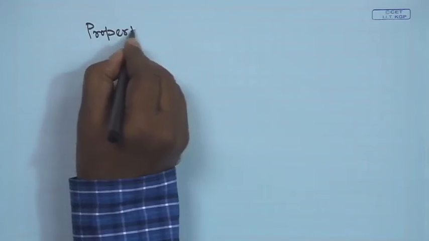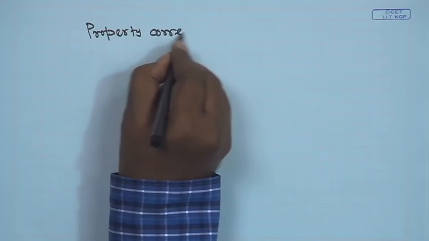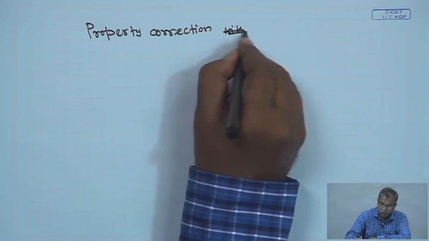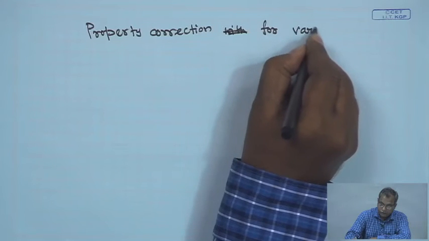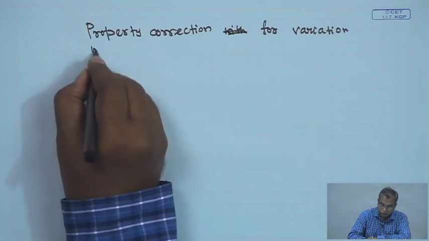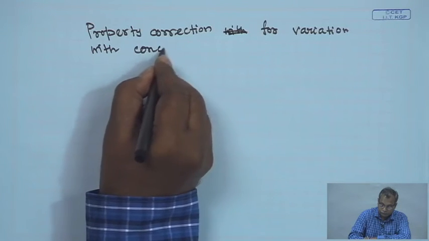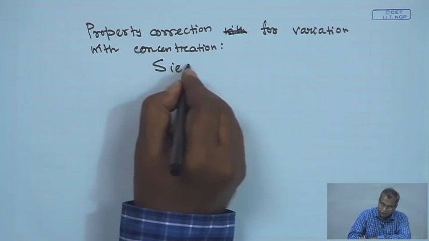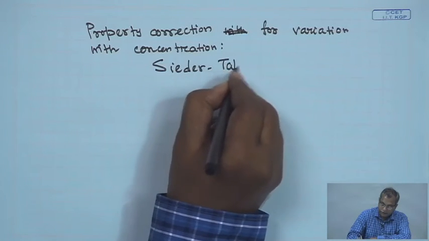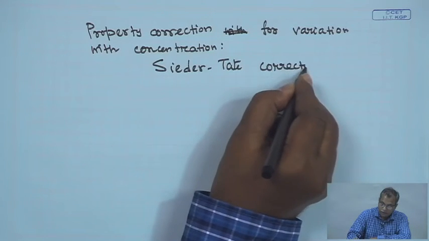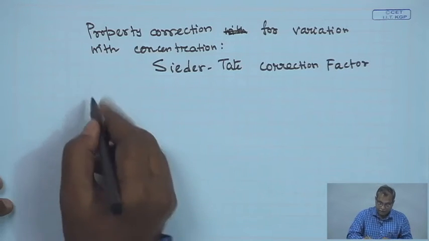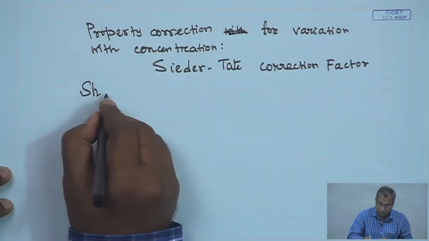So, property correction for variation with concentration. This is known as the famous Sieder-Tate correction factor, and it is included in the Sherwood number relationship.